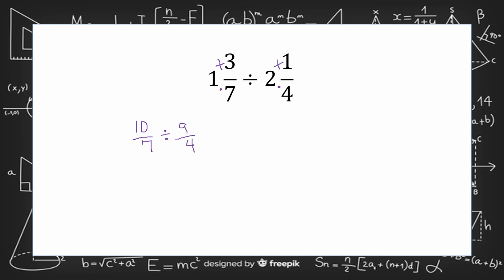So now you do nothing to the first one, change the divide to a multiply, and flip the second one. So 10 times 4 is 40, and 7 times 9 is 63.